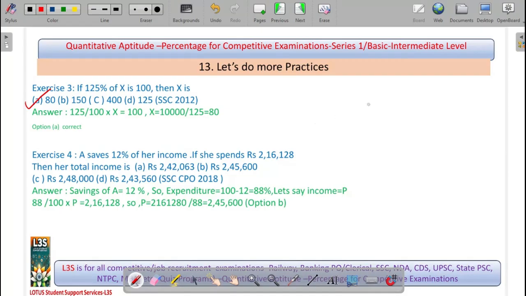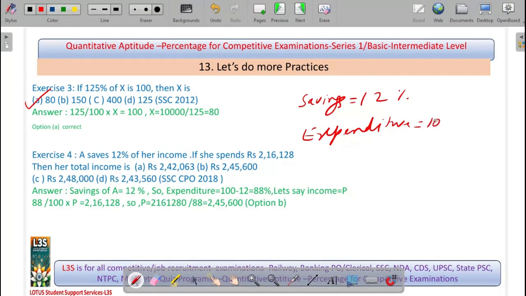A saves 12% of her income, and if she spends rupees 2,16,128, then her total income is how much? So if she saves 12%, this is savings 12%. So how much will be expenditure or spent?